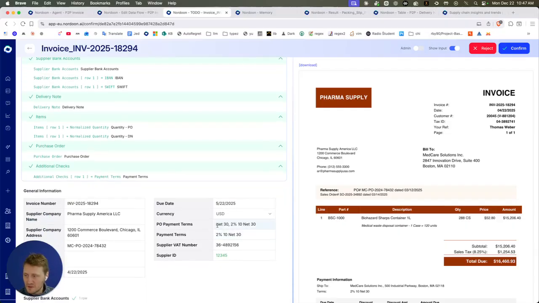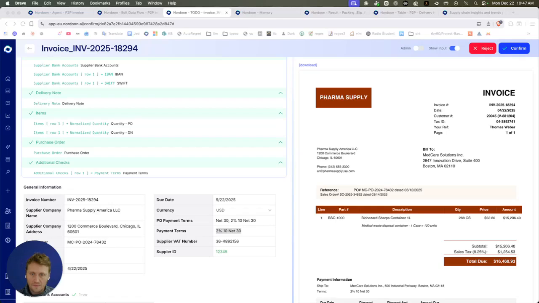So the PO specified these payment terms, and on the invoice there were these payment terms, and these are compatible. After I click confirm, the actions that we configured in the flow will be triggered.